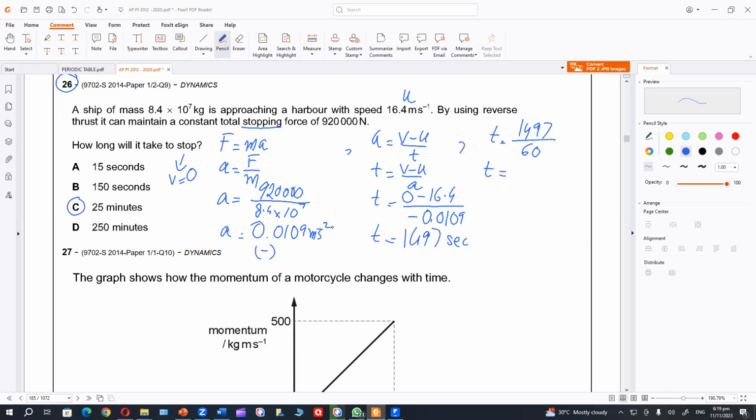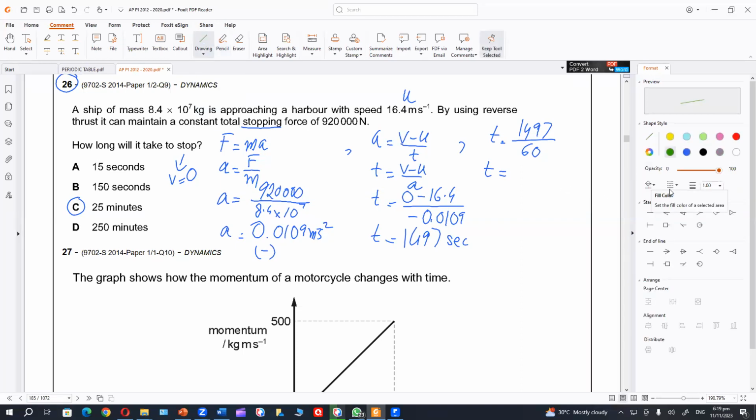Whenever something is stopping, acceleration has to be negative. Whenever something is stopping, it has to be a negative acceleration.